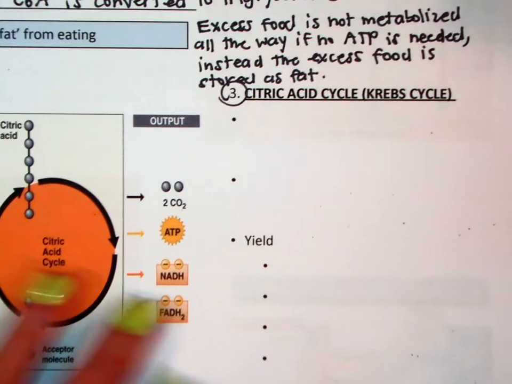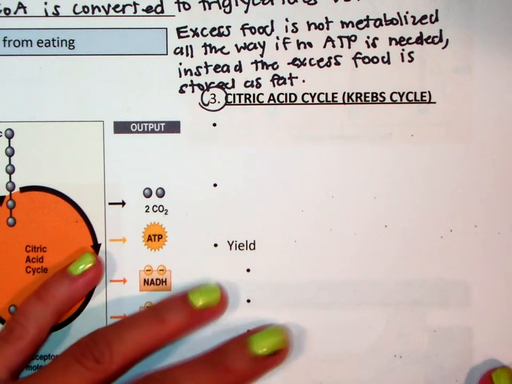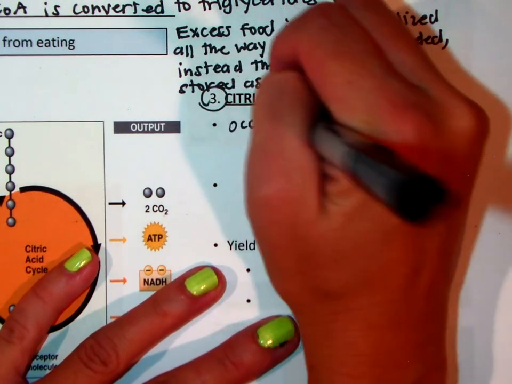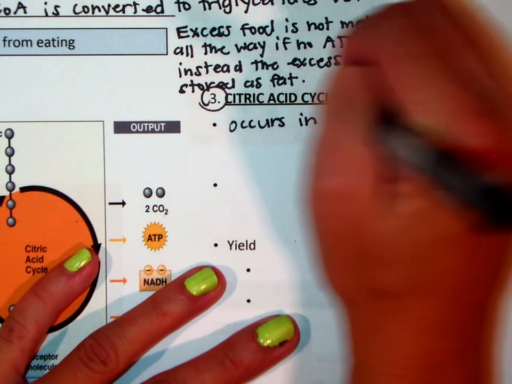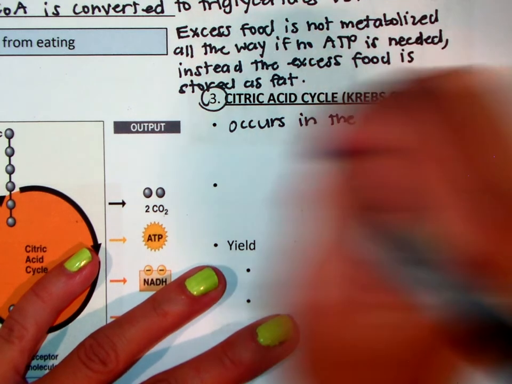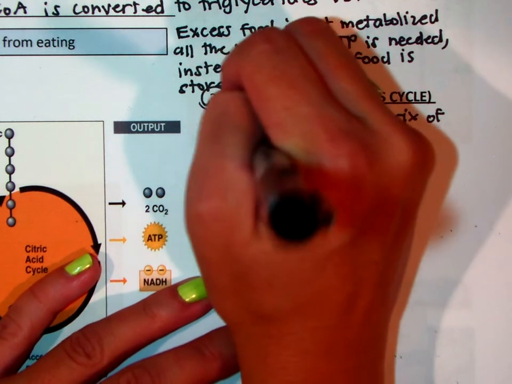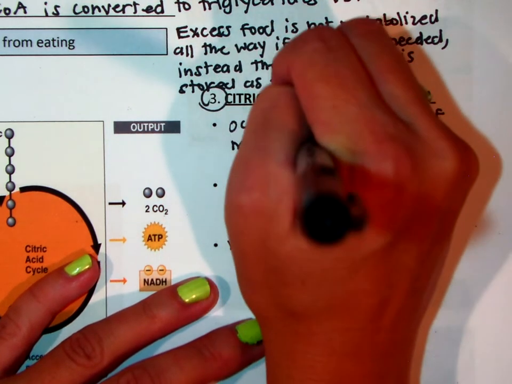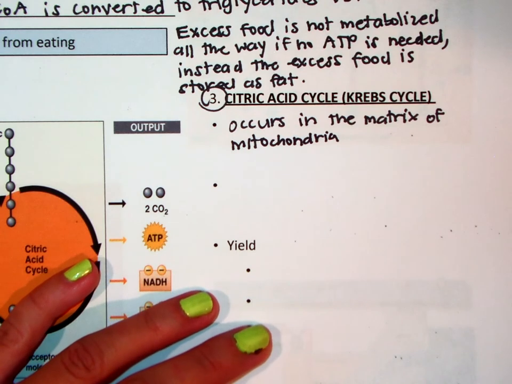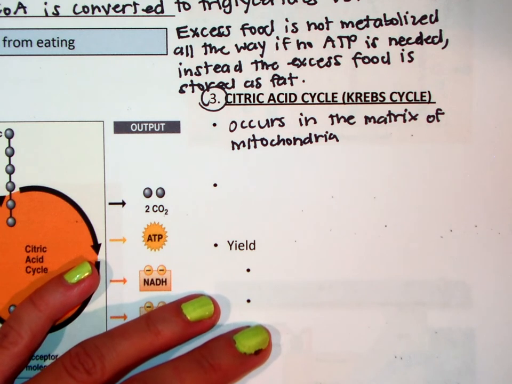But anyway, one of our big questions is, where does this happen? Again, this occurs in the matrix of the mitochondria. And here, all the remaining carbons are given off as CO2.